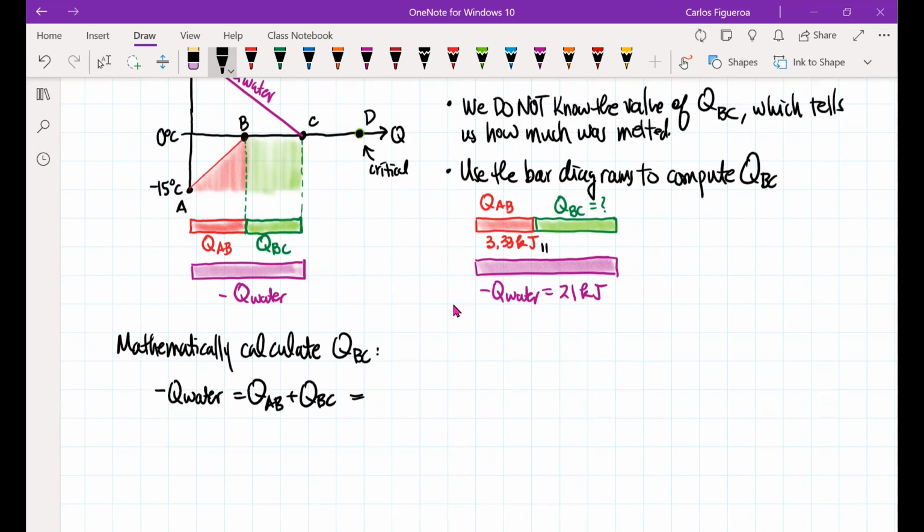So that tells me that QBC is equal to minus the Q of water minus the QAB. We already have these numbers, so you're getting 21.0 minus 3.33, and that gives me 17.6 kilojoules for QBC.